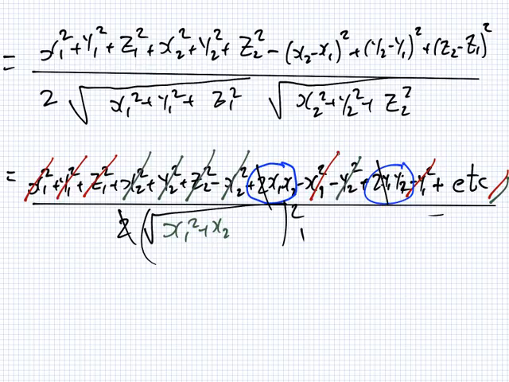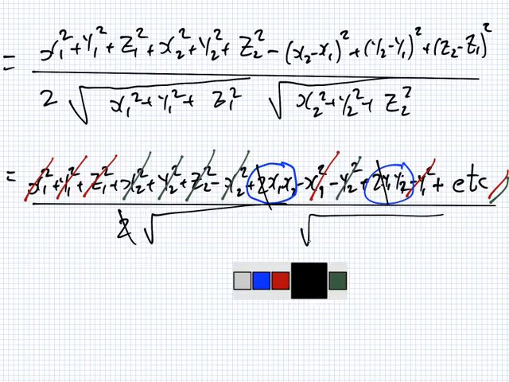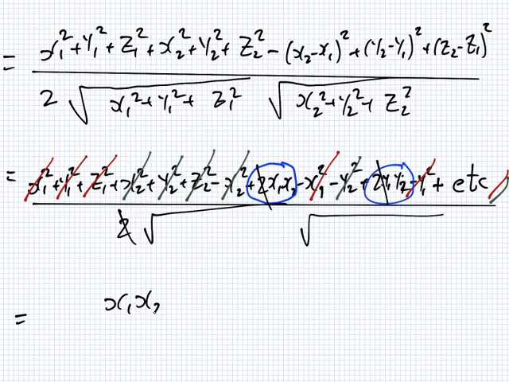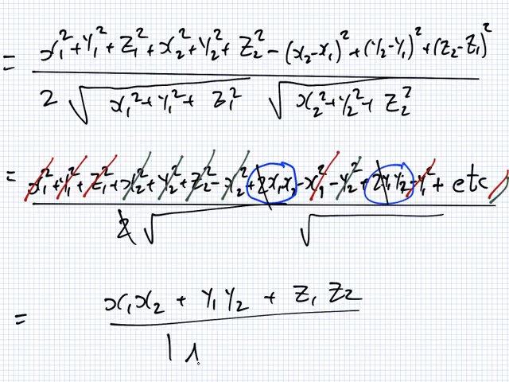Oh sorry, no, they're not the same. This is x1, y1, z1, and x2, y2, z2. So we don't quite drop them. So I'll just leave the roots here. So what we're left with is x1x2 plus y1y2 plus z1z2. And I'll just write these back again as the magnitude. This is the magnitude of A, and this one is the magnitude of B.